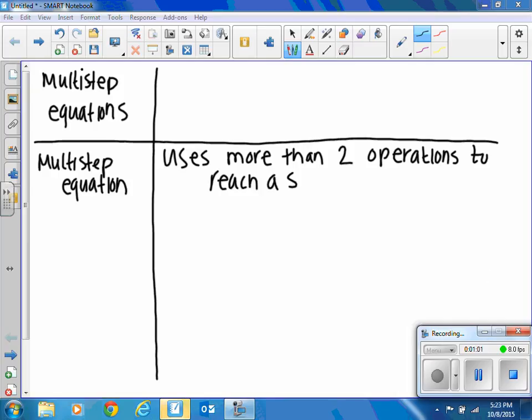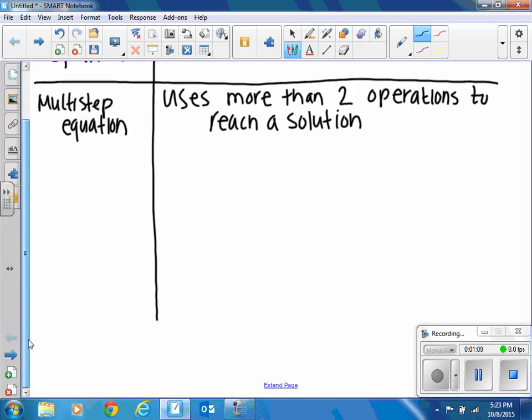So we've done 1 step, 2 step, and now we're doing multi-step, those equations that are going to need more than 2.